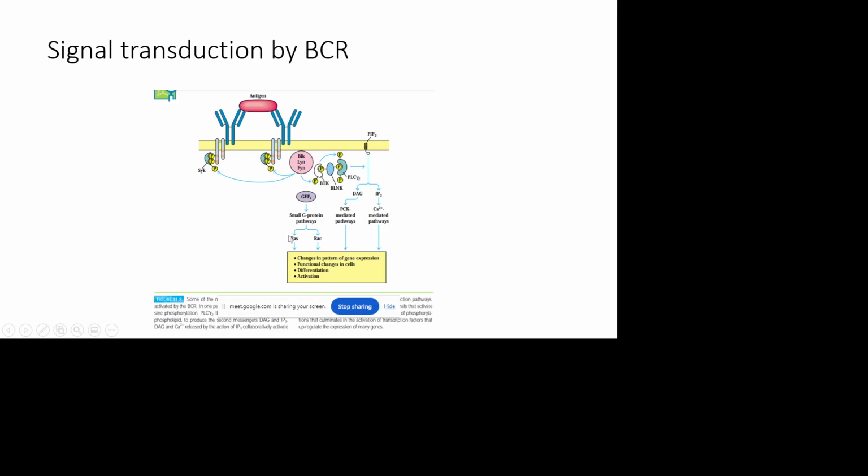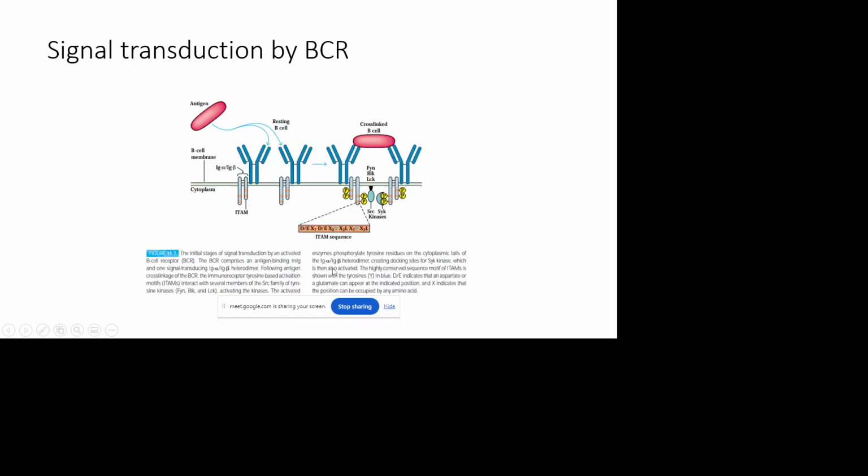So all of them, the RAS pathway, RAC, PKC-mediated pathways and the calcium ion channel, will make changes in the pattern of gene expression, and functional changes in cell activation and differentiation. So that's how signal transduction by the B cell receptor works, and it helps to activate the B cell, right?